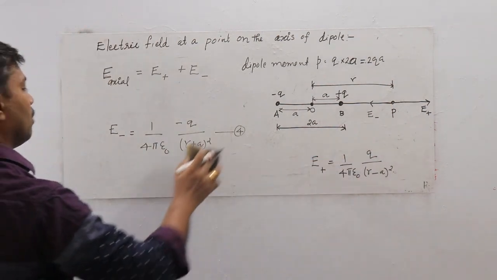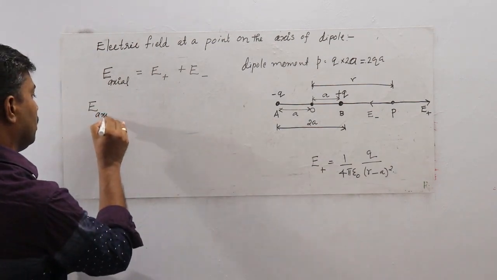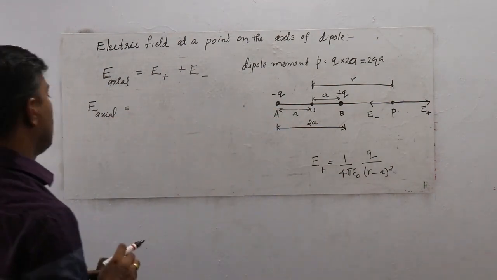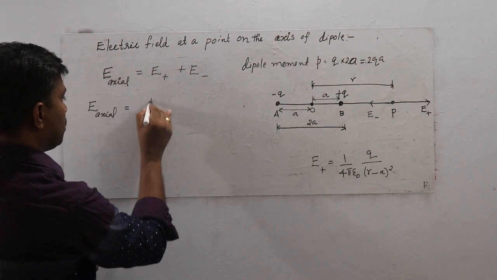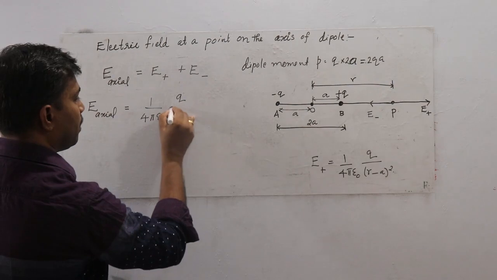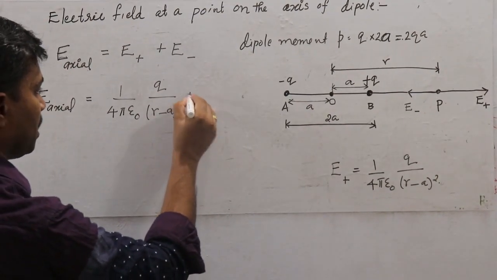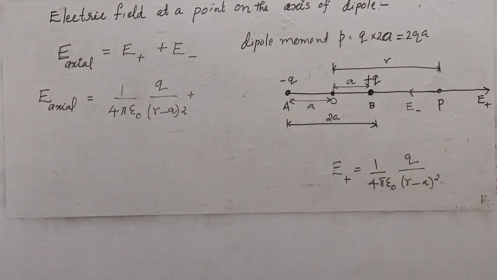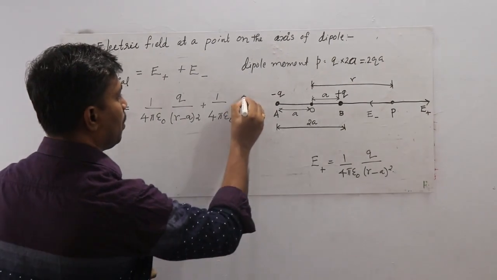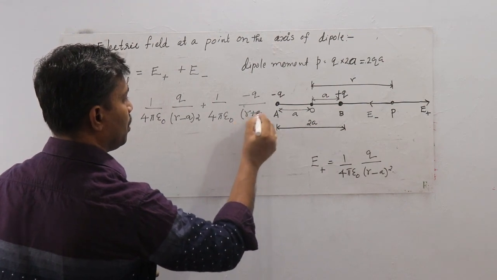So substituting the values, what will we get? We represent it as E axial because P is on the axis. So E axial equal to E plus, which is 1 by 4 pi epsilon 0 Q divided by R minus A whole square, plus E minus, which is 1 by 4 pi epsilon 0 minus Q divided by R plus A whole square.